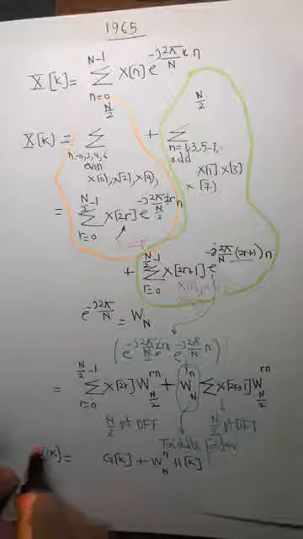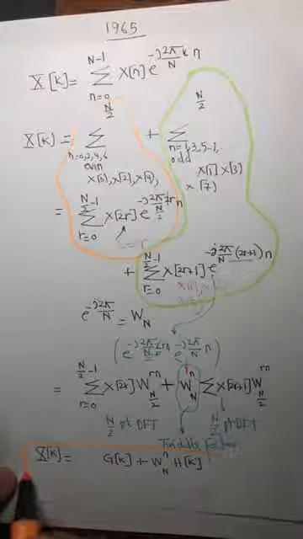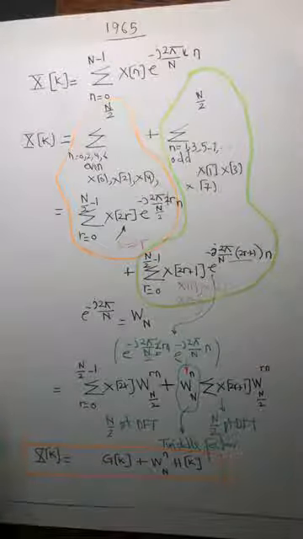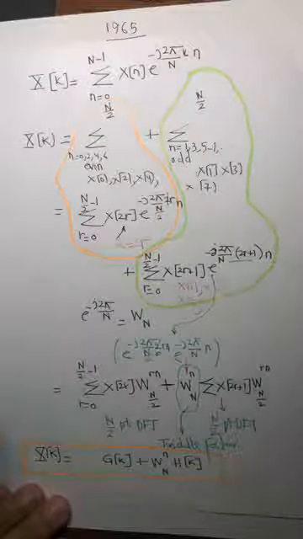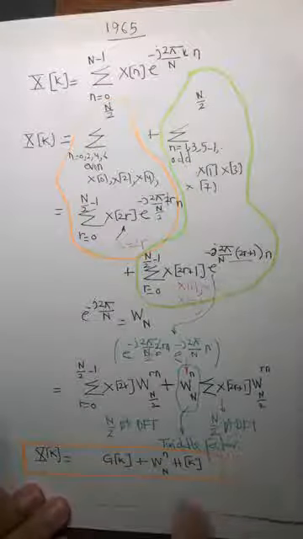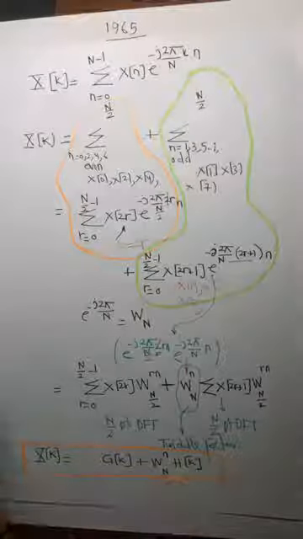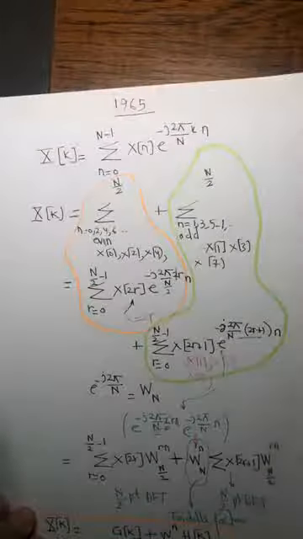So they got this relationship. Still we don't see any saving. Now let's try to expand this and find out how we get the savings.